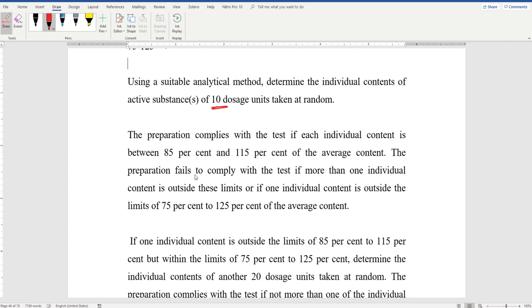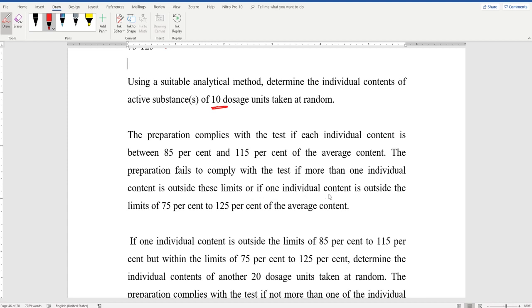The preparation fails to comply with the test if more than one individual content is outside these limits. It means if more than one is outside 85 to 115, it's a fail.